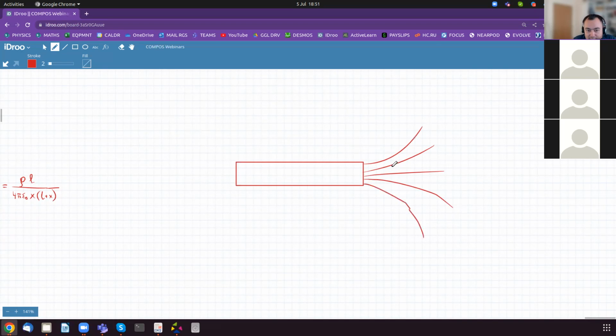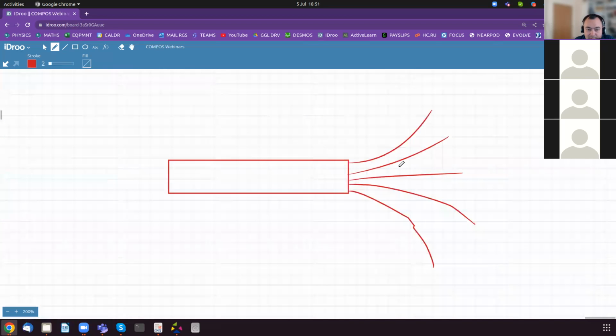And we know that the magnetic field is B. You should know this from GCSEs. B is the magnetic field. It's actually called magnetic flux density. You've probably heard this. B is magnetic flux density.